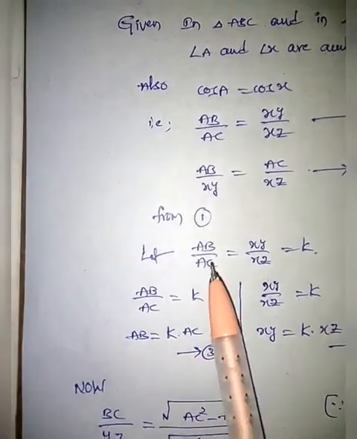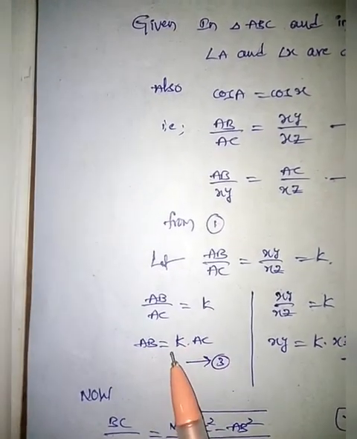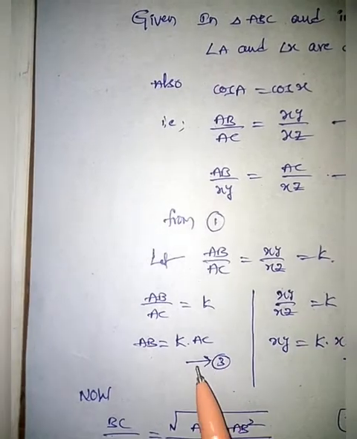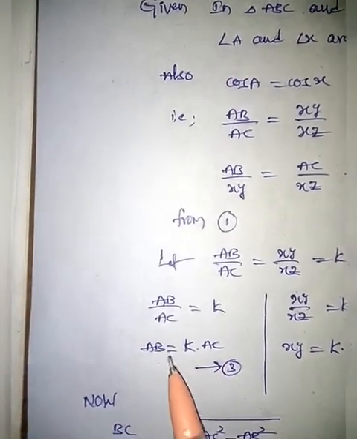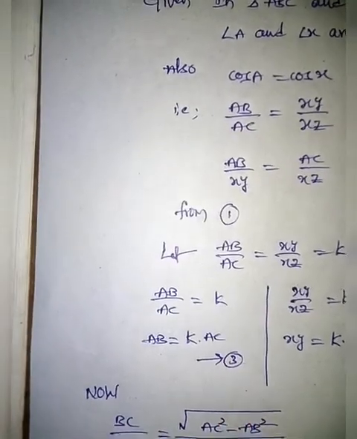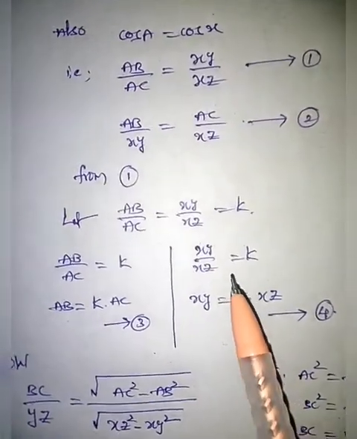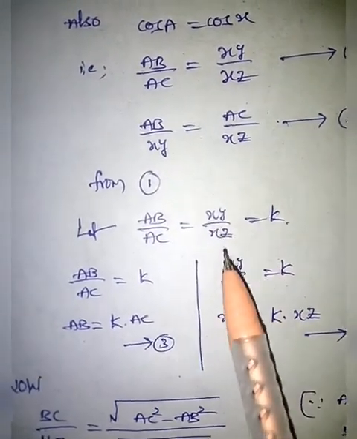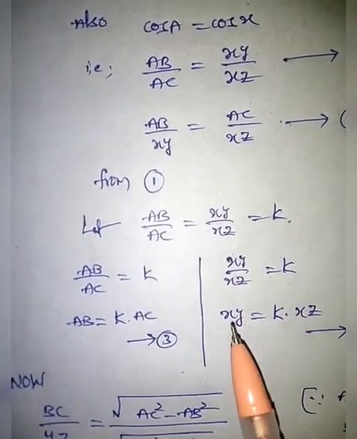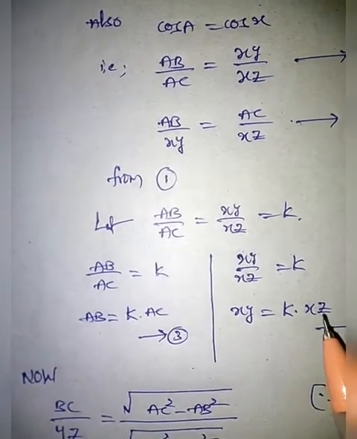Do the cross multiplication here. AB equal to K into AC. Name this equation as equation 3. We can use equation 3 in further steps. Now coming to the second part of this equation, that is XY by XZ equal to K. Do the cross multiplication, XY equal to K into XZ.